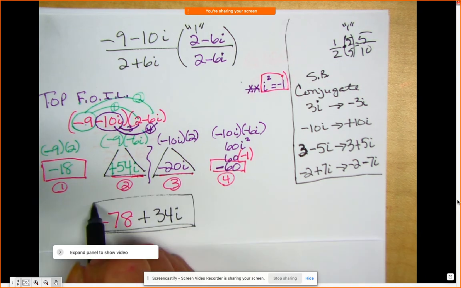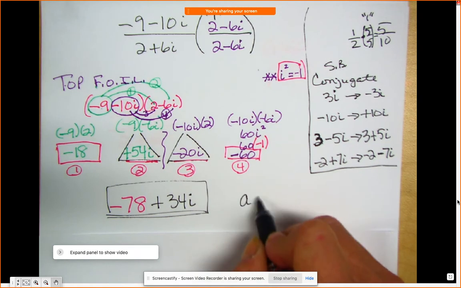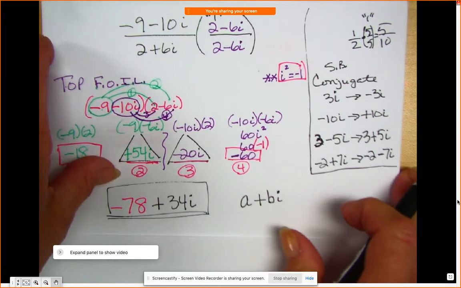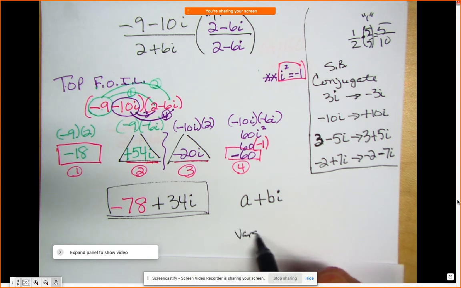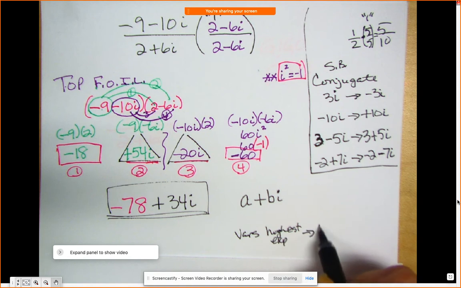Remember that I told you, I don't know if I told you yesterday, but in algebra, you're supposed to put them in order. These are in a plus bi format. The standard rule for any time you write things in an expression is you have variables first, and highest exponent to lowest. Then you have numbers.